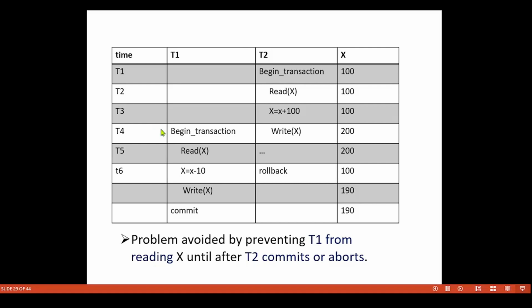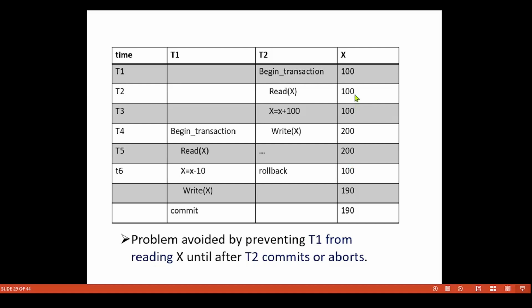Just look at these transactions, transaction 1 and transaction 2, with time here. Transaction 2 starts at time t1: begin transaction, read, update to 200. The other one starts at time t4.